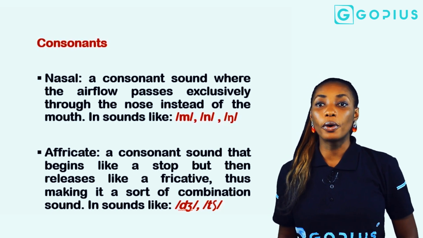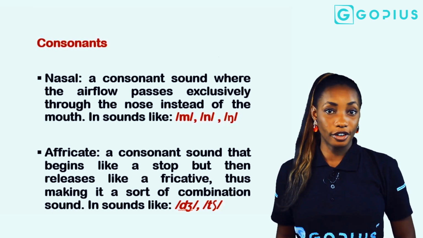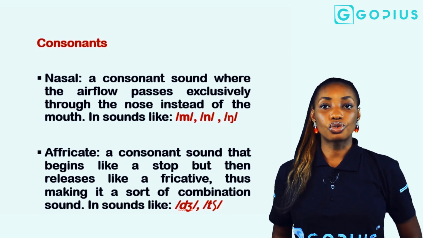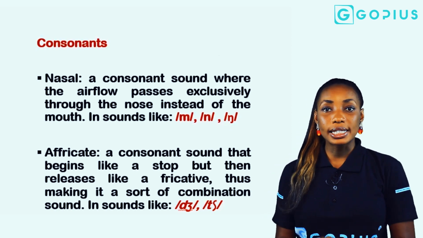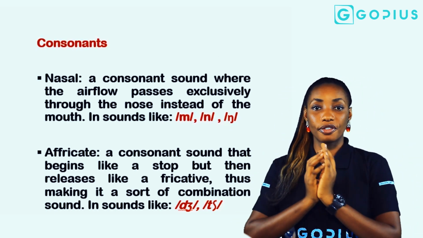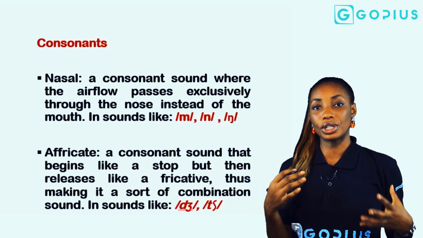This comprises a stop and plosive, and the fricative. So you can see that this affricate has a stop combined with a fricative sound. That is why it's called the affricate.